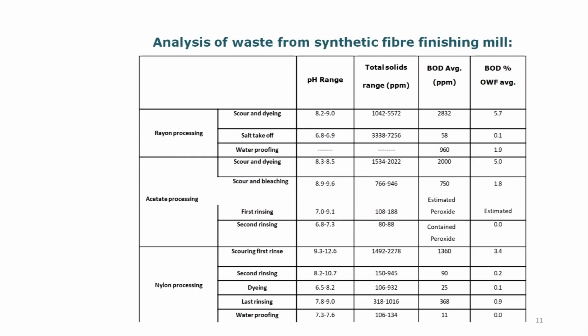If we look at the waste that is generated from synthetic fiber in a finishing mill, we will see that the rayon process, on an average, is generating total solids of 5500, whereas if salt takeoff has taken place, waterproofing, scouring and dyeing, there are different amounts that are used.